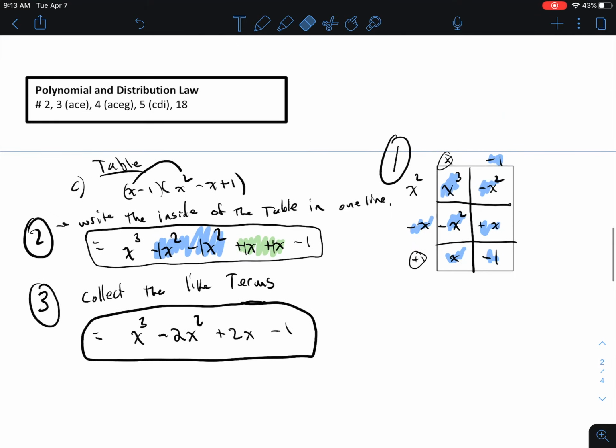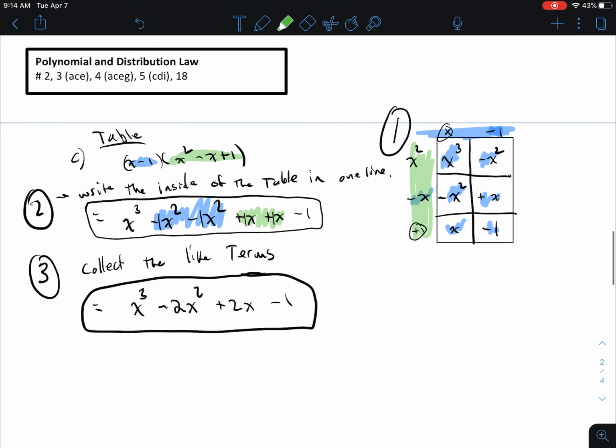Okay. So the table method can be really useful for questions like this one, in particular, where you have a trinomial multiplied against a binomial. We just break the question up into its pieces along in a table, and then I'm able to fill in the middle, and then that's it.